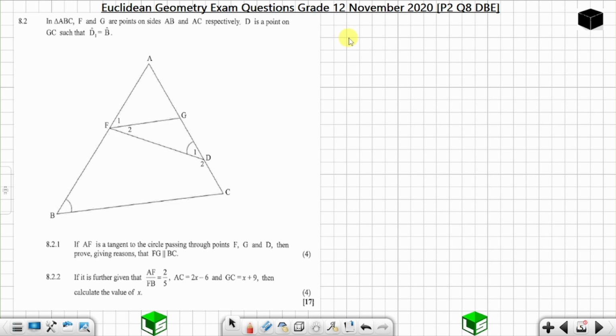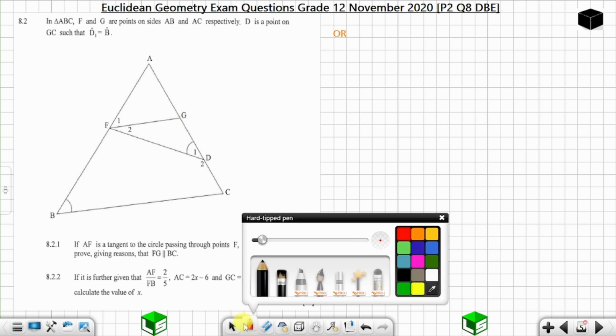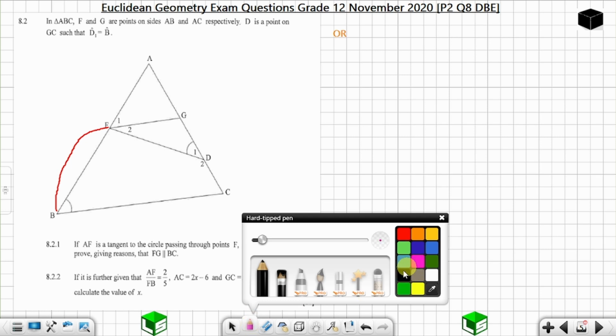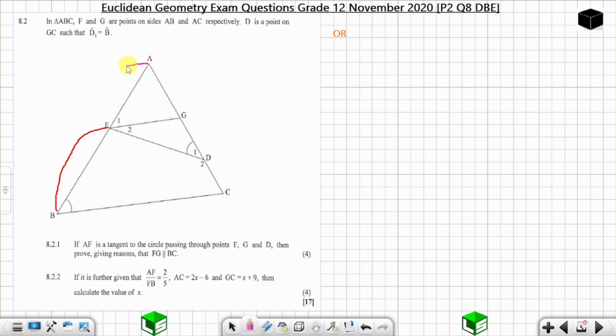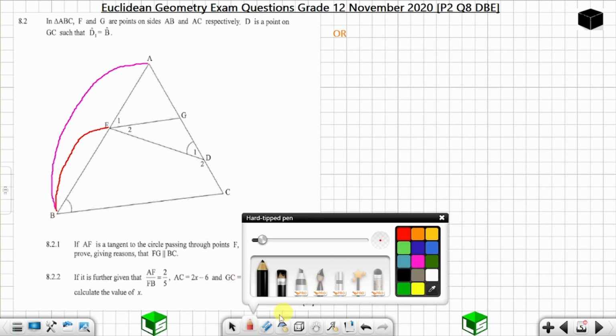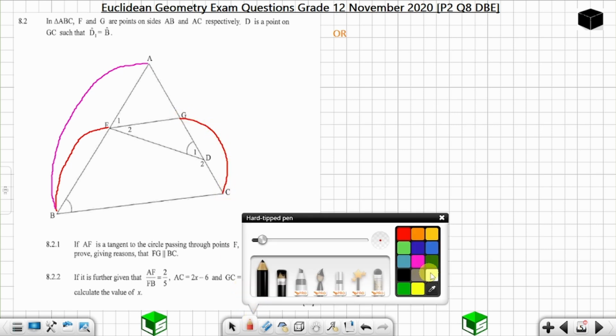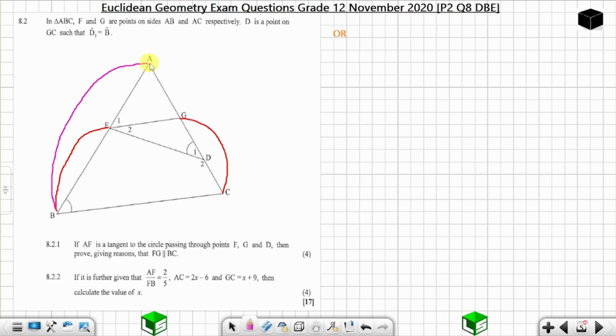So using another combination, you can say FB over AB equal to GC over AC, because you have a line parallel to one side of a triangle.